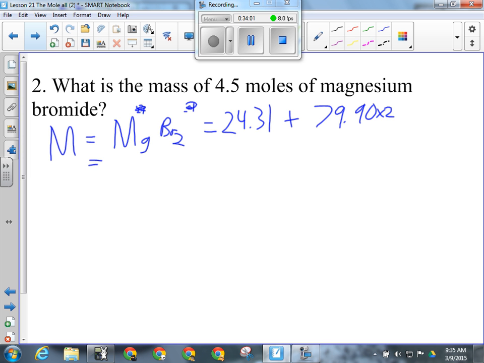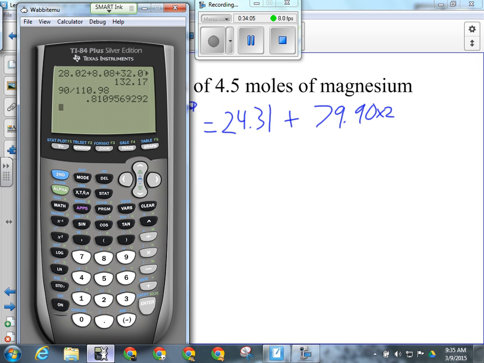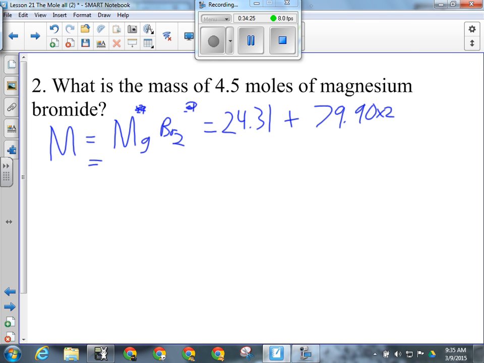We'll get the molar mass of magnesium bromide: 184.11 grams per mole.